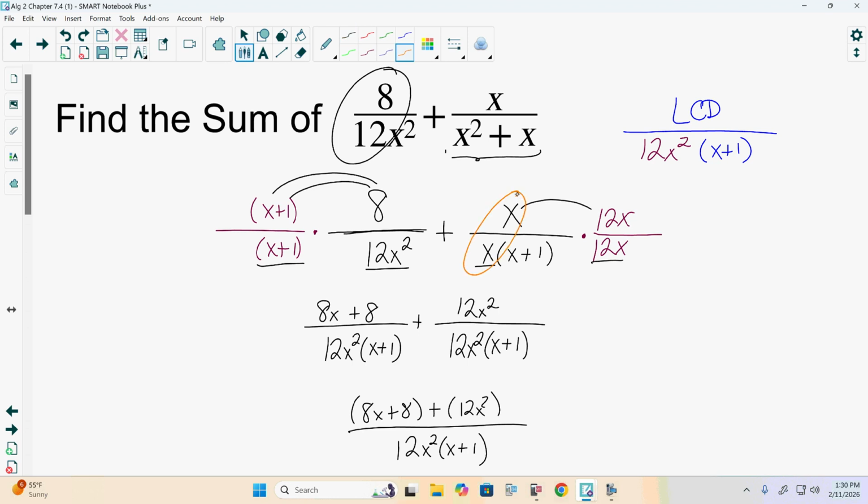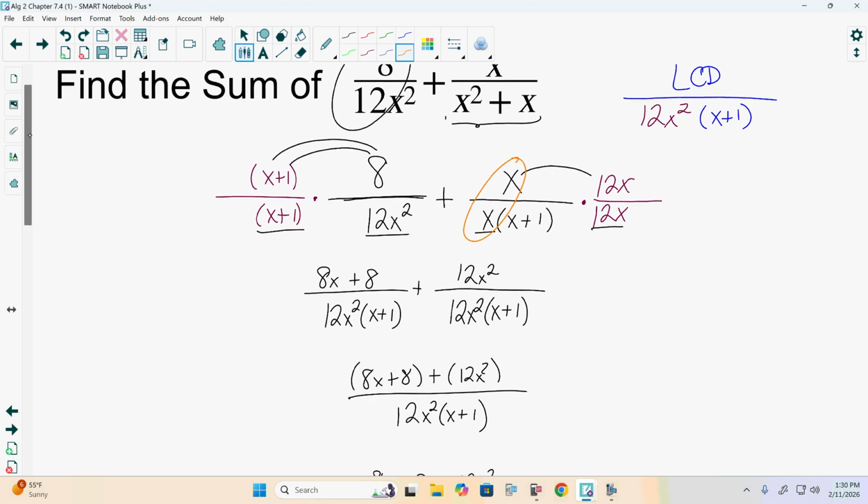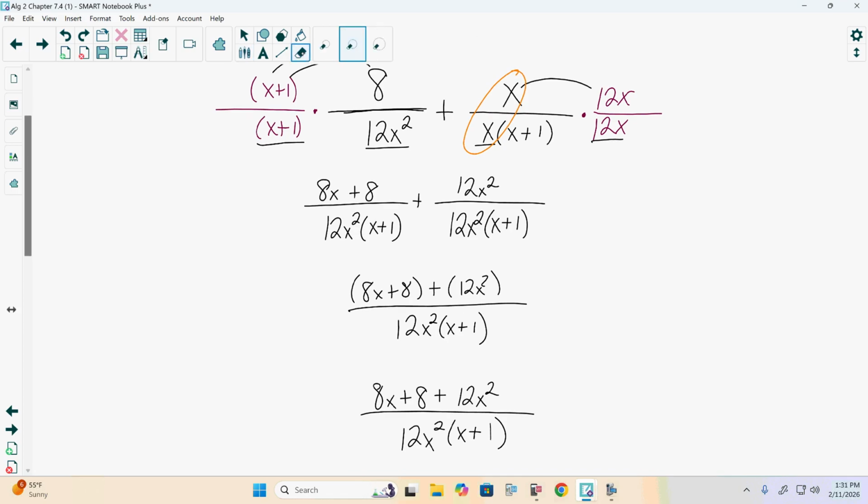However, if I simplified this x out on top and bottom, I'm now not multiplying by 12x, we're multiplying by 12x squared to get them to be the same. So here we needed the x and x. Well, not necessarily we needed it. If we didn't have it, we had to change what we're multiplying to get it to have it again.